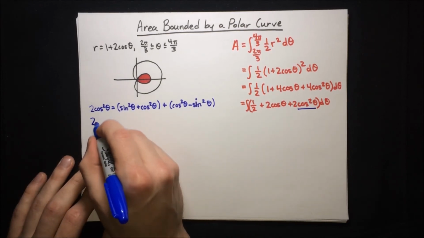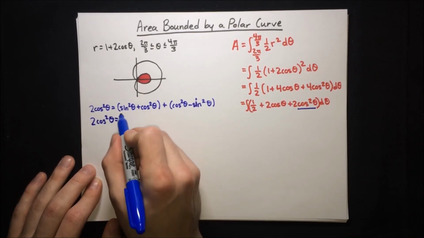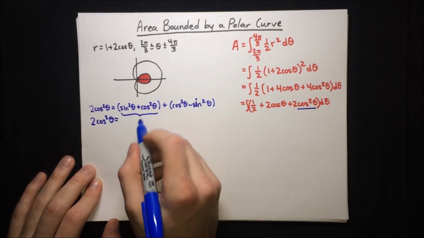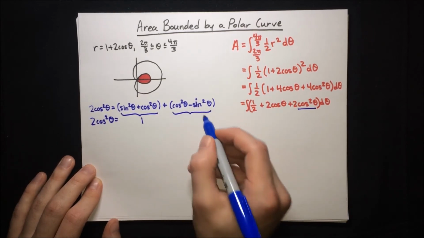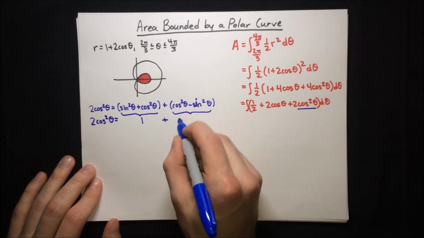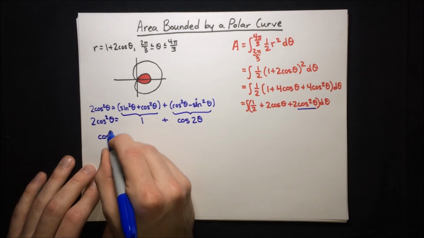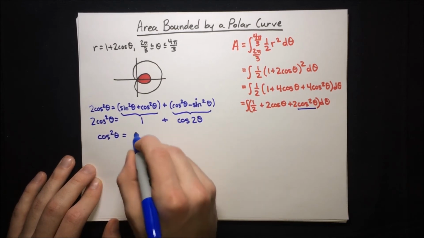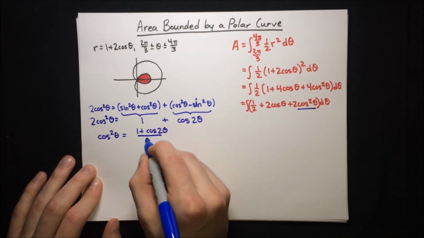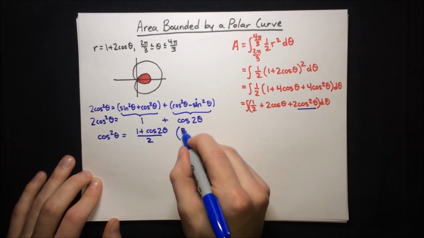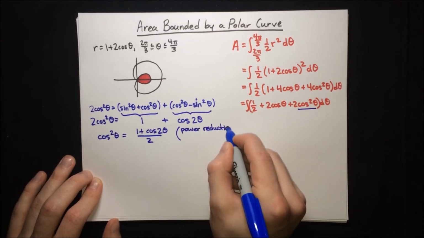And now we can use our knowledge of trig identities to simplify this. Sine squared plus cos squared is just 1, and then plus cos squared minus sine squared, well, that's just cos of 2 theta. So we can say that cos squared theta equals 1 plus cos 2 theta over 2. And that's our power reduction formula for cosine.